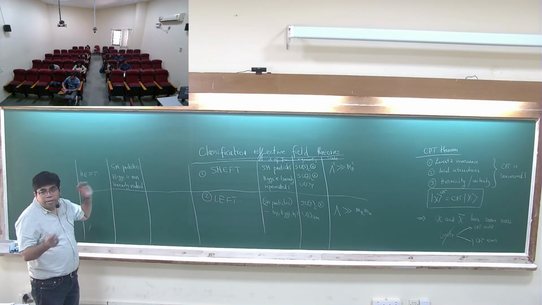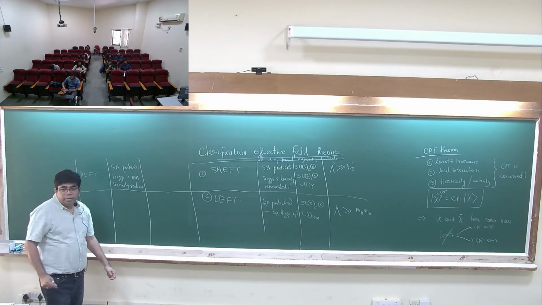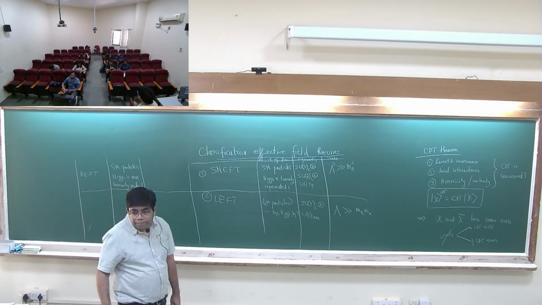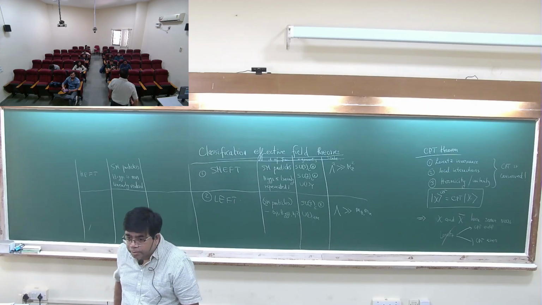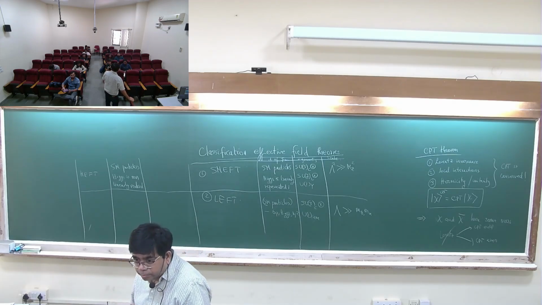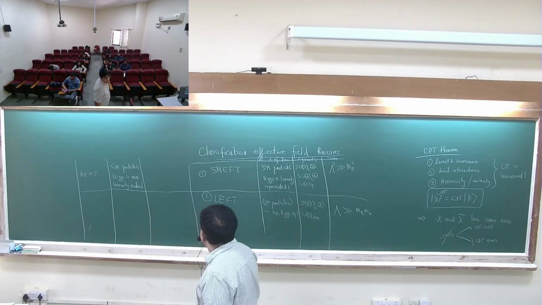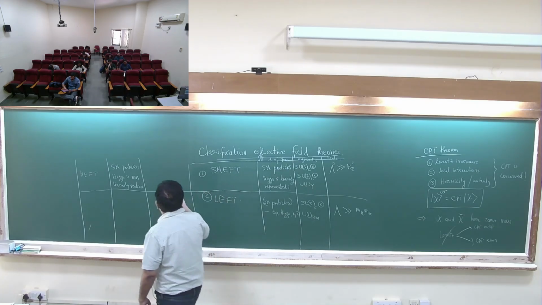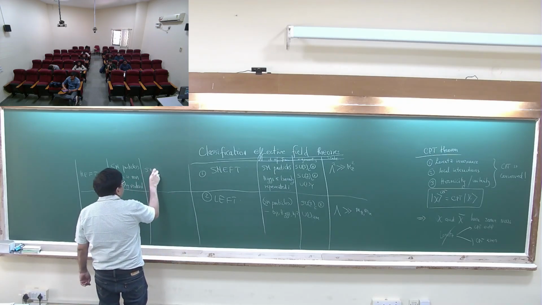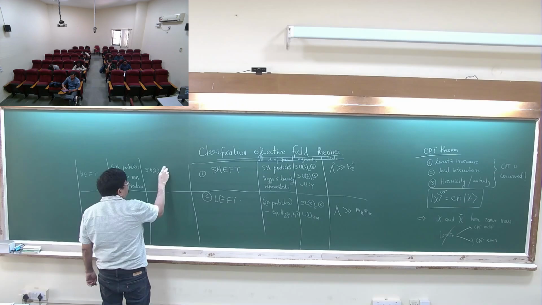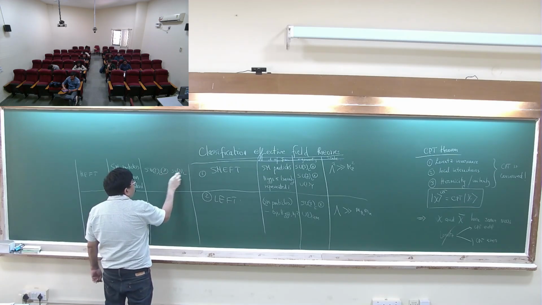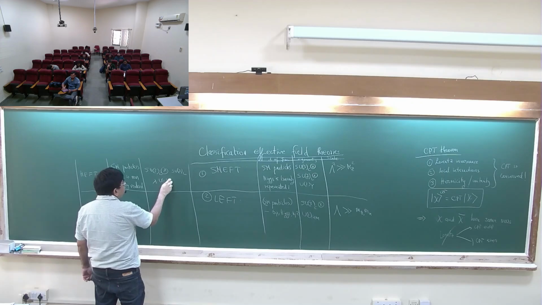So what does nonlinear and linear mean? One is a linear sigma model, another is a nonlinear sigma model.